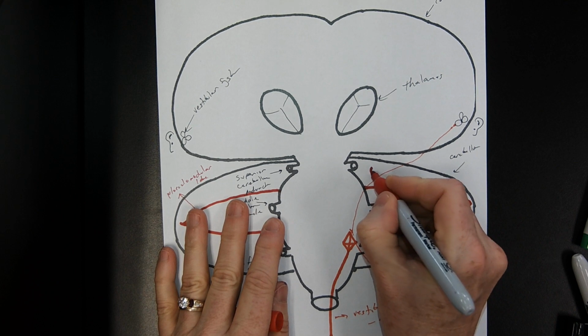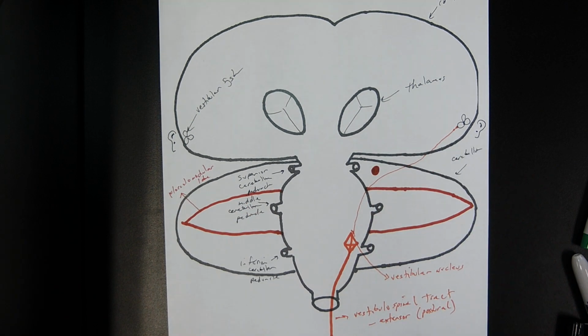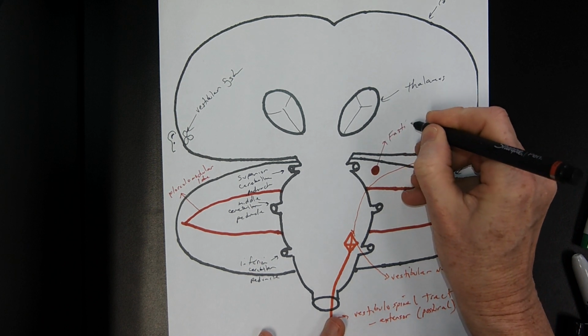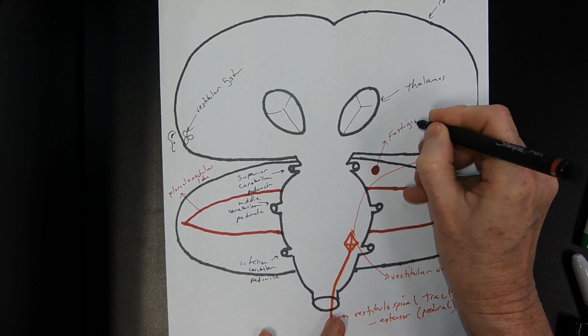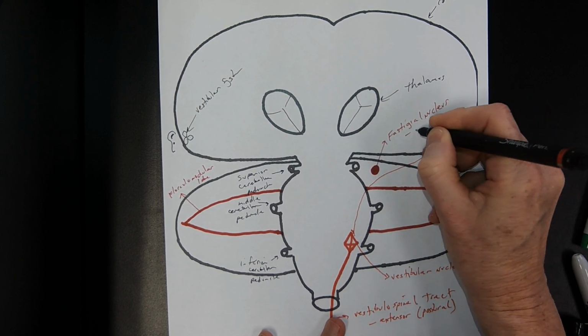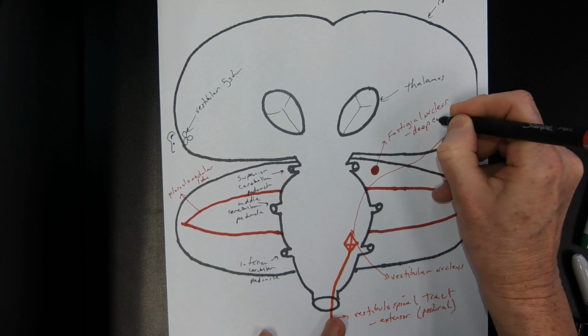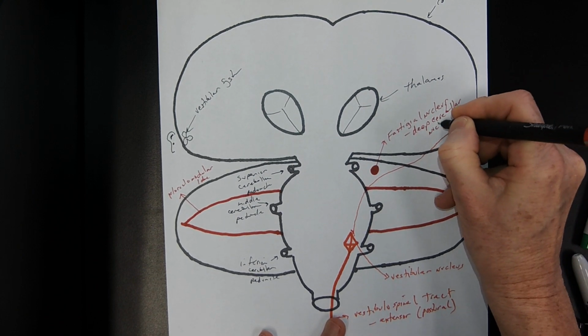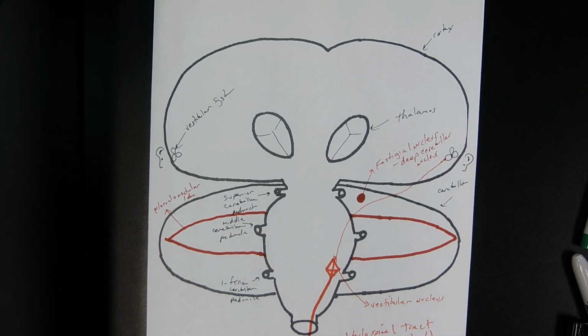So up here, you have a fastigial nucleus, F-A-S-T-I-G-I-A-L. That's your fastigial nucleus. And that's just one of the deep cerebellar nuclei.